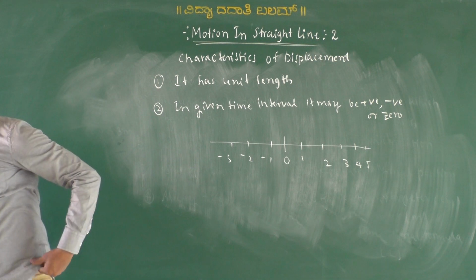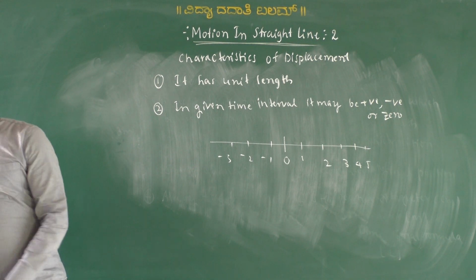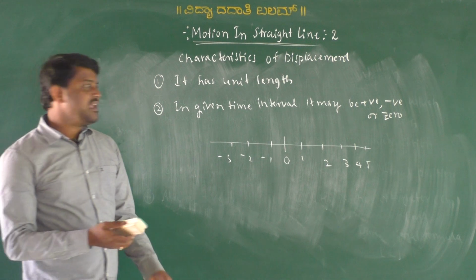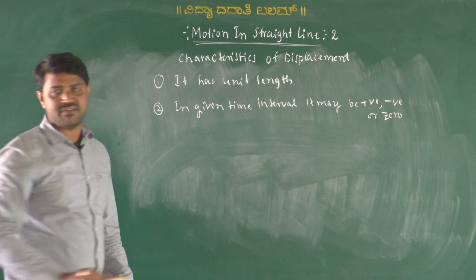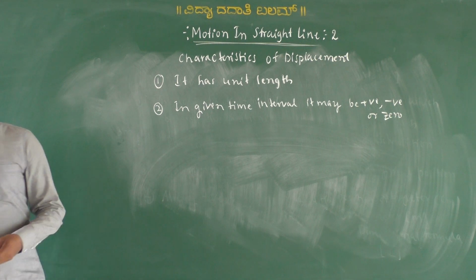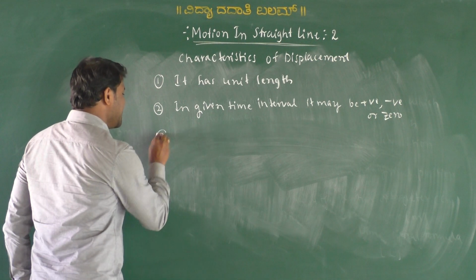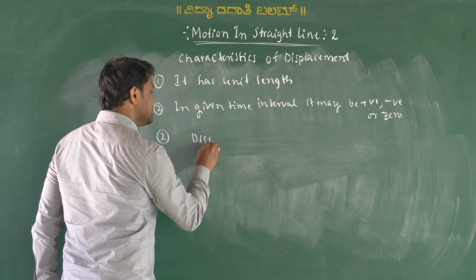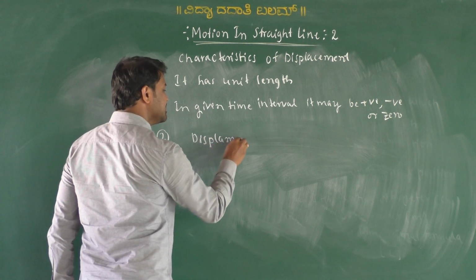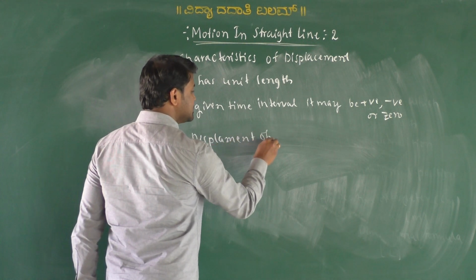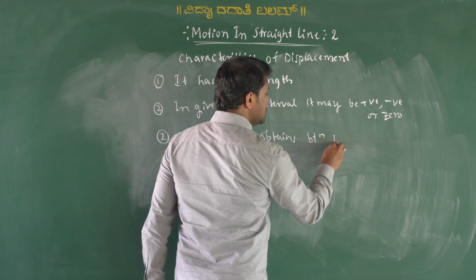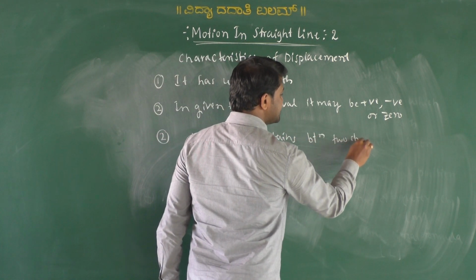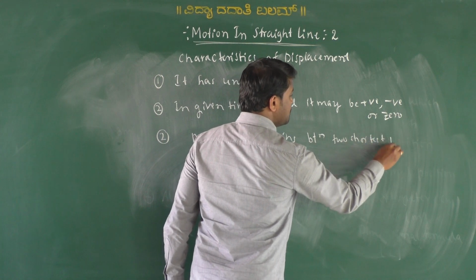So therefore displacement is going to be occupied, a displacement is going to take place between the two positions. ಹೇಗೆ displacement obtains ಬರ್ತದೆ ಹೆಂಗೆ between two shortest positions.